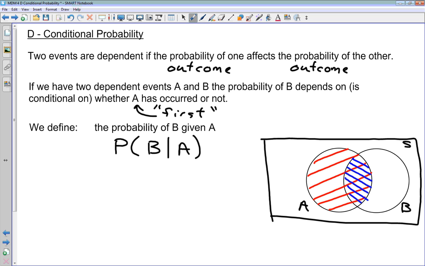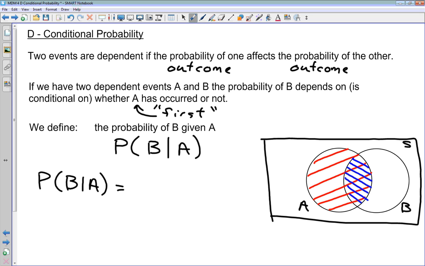So what is the probability of B given A? Well, looking at that diagram, our fundamental definition of probability is the number of ways something can occur divided by the total number of things that can occur.